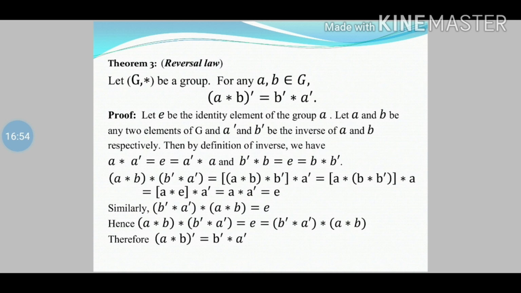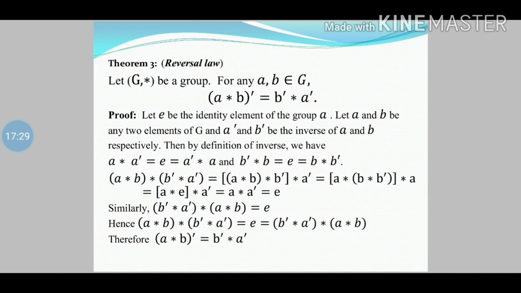Now we want to prove that the inverse of A star B is equal to B inverse star A inverse. That is, taking the star of these two elements, A star B star B dash star A dash is equal to E. We want to prove that A star B star B dash star A dash is equal to identity.